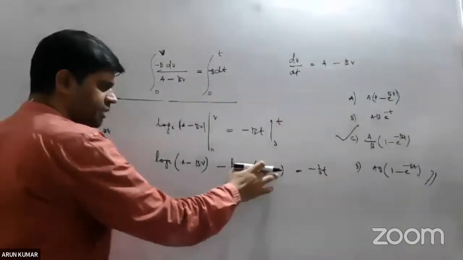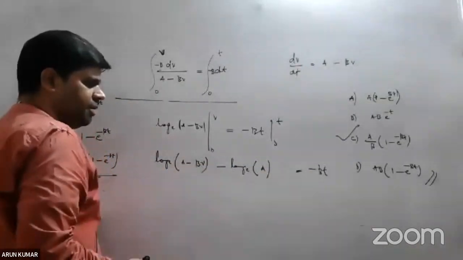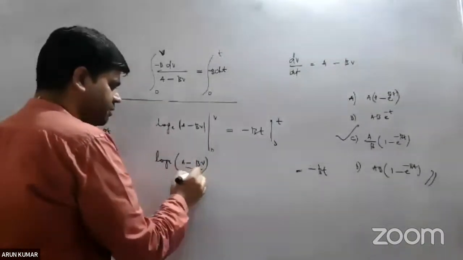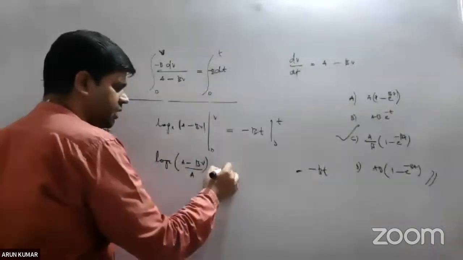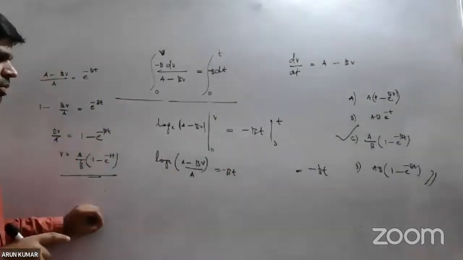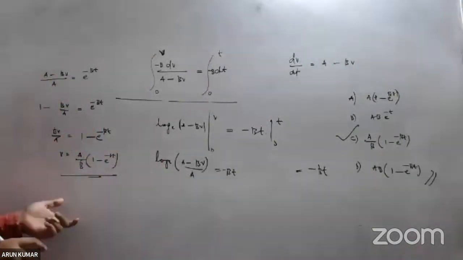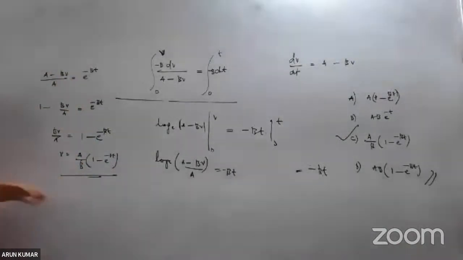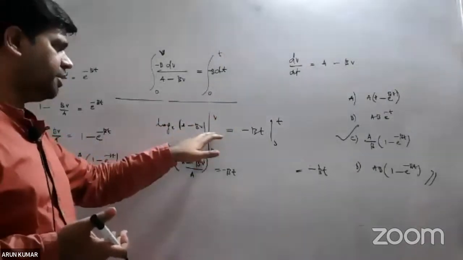Right, now look, a minus 0 becomes a. Log a minus log b is what? Log a by b, right? Yes, sir. So this goes off and this becomes log a minus bv by a is equal to minus bt. Now you understood, right? Then the power goes there, exponential on both the sides, I get this one. I got this by substituting the limits, upper limit minus lower limit.